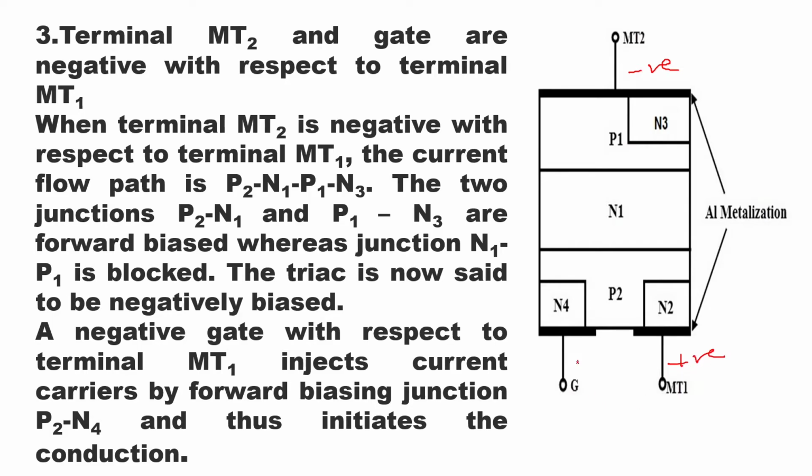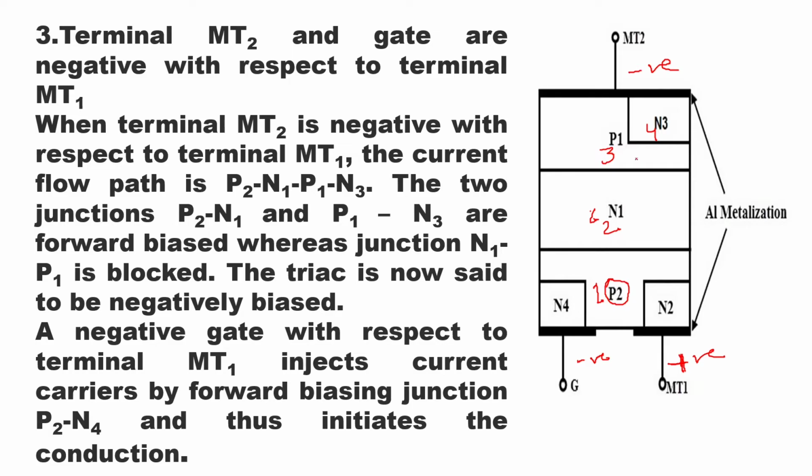Once MT1 is positive, you have to start with P2 as the first layer, then N1 as the second layer, then P1 as the third layer, and N3 as the fourth layer. So the flow of current will be P2, N1, P1, N3.